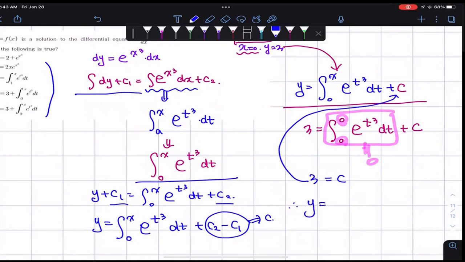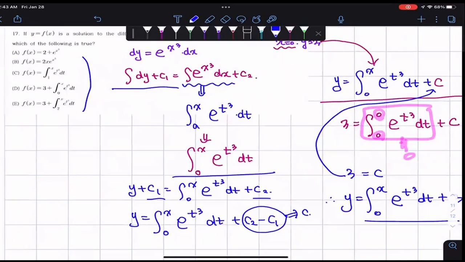Therefore, y = integral from 0 to x of e to the power of t cubed dt + 3. So the answer is D.